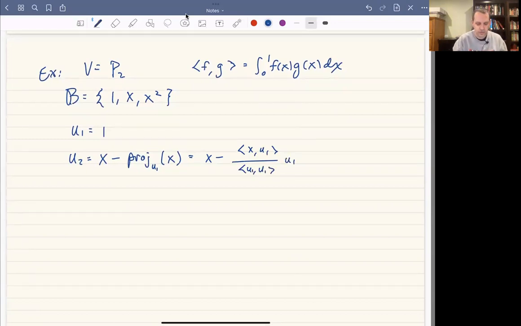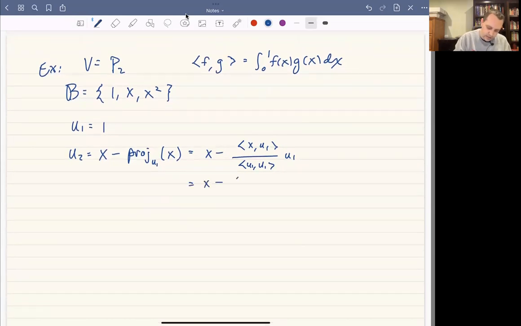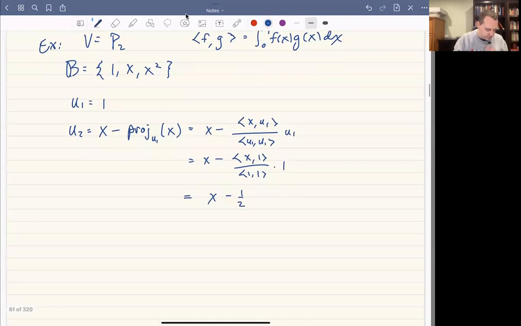And U1 here is 1. So this is X minus the inner product of X with 1 divided by the length of 1 squared times 1. The inner product of 1 and X is the integral of X from 0 to 1, so that's 1/2. The inner product of 1 with itself is 1, so the denominator is 1. Altogether we get 1/2.